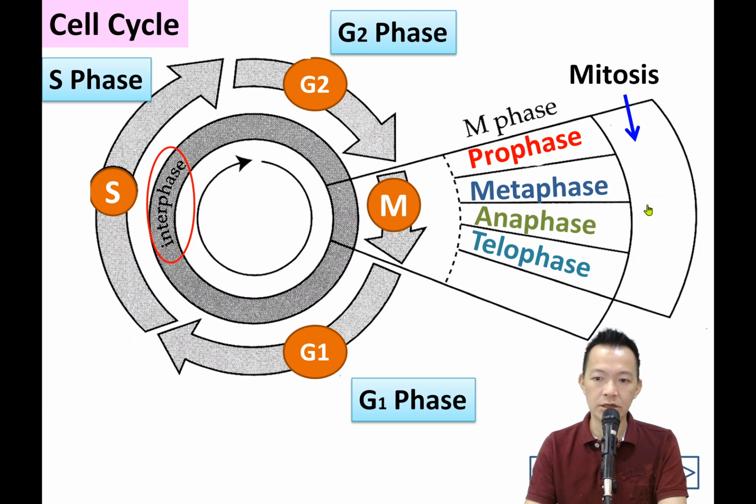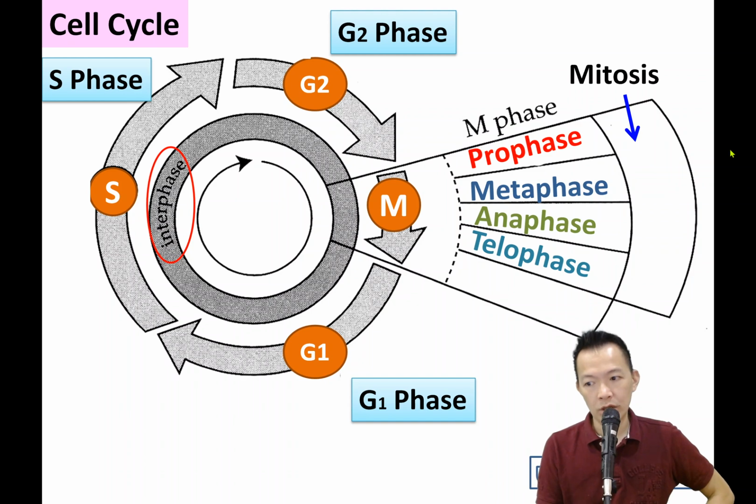And these 4 phases complete the karyokinesis. 这4个过程搞定了它的 nucleus 的分解.